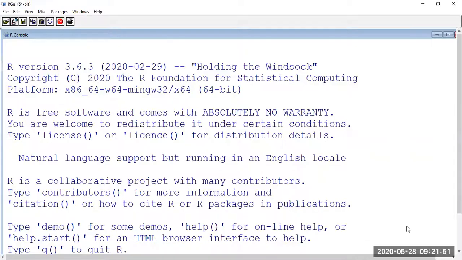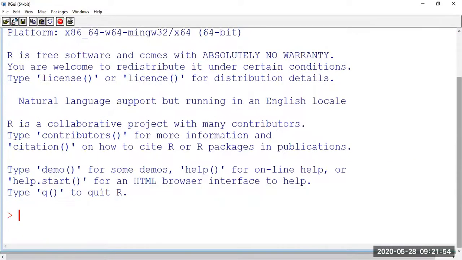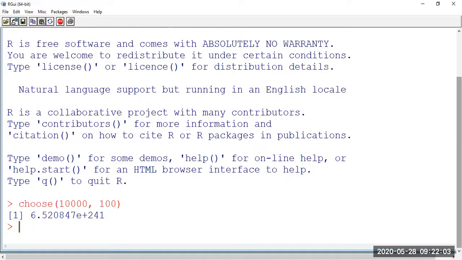So you have a very huge list, so we're going to use choose 10,000 students in groups of 100, and we're going to get that number, 6.520847 times 10 to the 241. So it's like, wow, a huge number of lists of 100 students that you're gonna get by trying to reproduce this experiment.